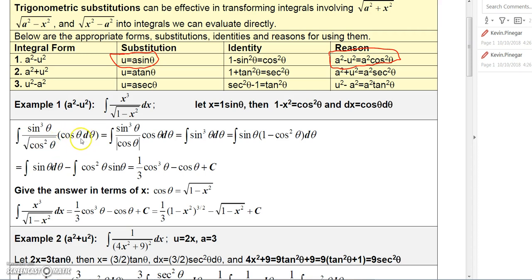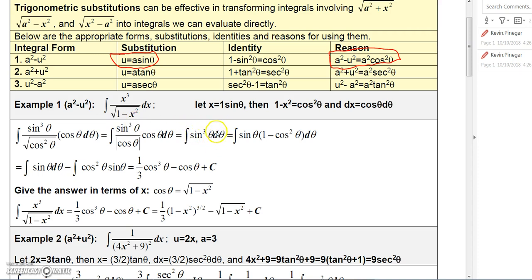And we have the dx, and we know the dx from up there is cosine theta d theta. Well, the square root of cosine squared theta is the absolute value of cosine theta, but we'll just assume it's positive. So cosine theta would cancel with cosine theta, and I just get sine cubed theta d theta.